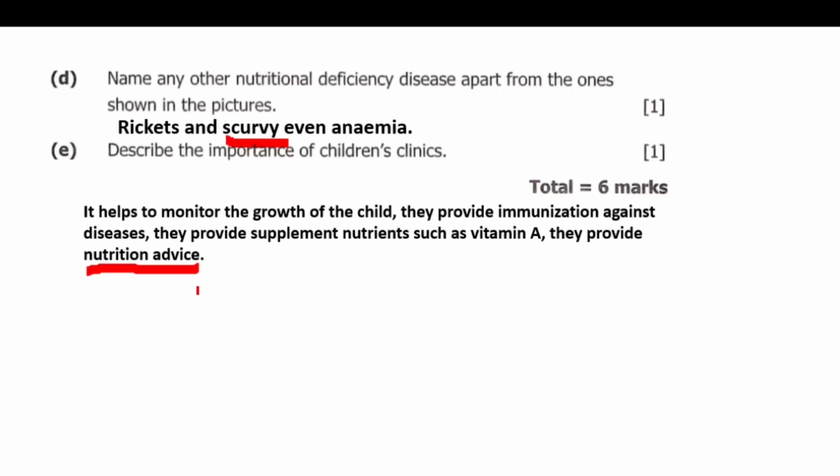the child is compared with the months, and when the months and the mass of the child do not tally, then they have to provide advice to the parent on the way the child is supposed to be fed, so that the growth of the child and the months of the child tally. So these are some of the importance of children's clinics.